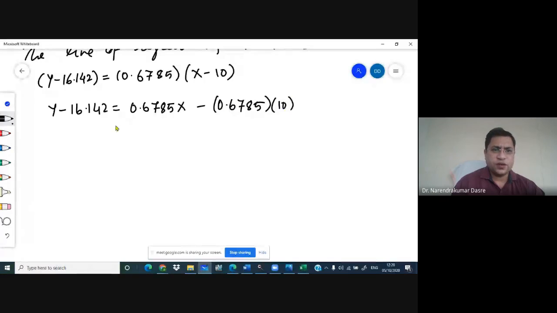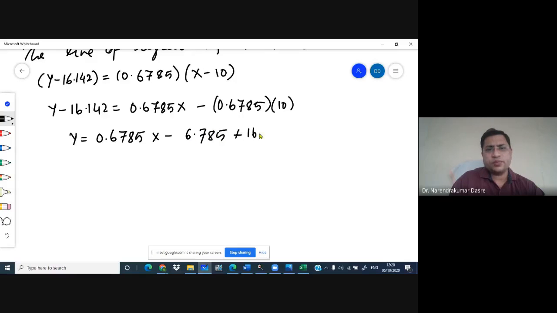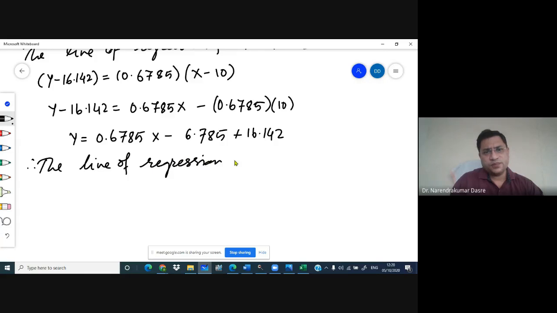So y is equal to 0.6785 times x minus, as the multiple is 10, we can easily make it, 6.785, and this will be plus 16.142. So we got here the line of regression of y on x.